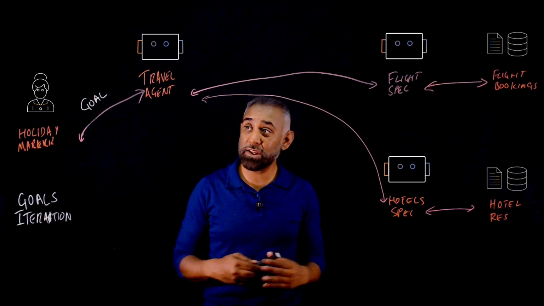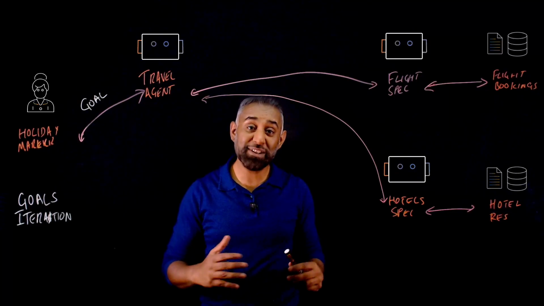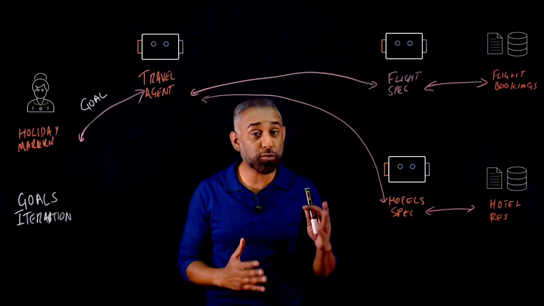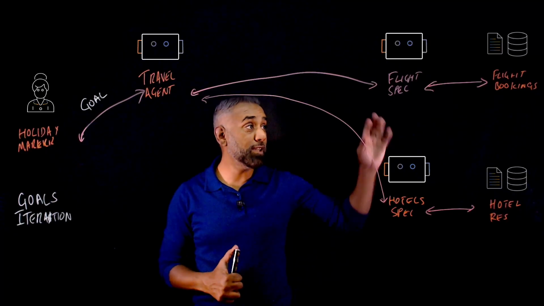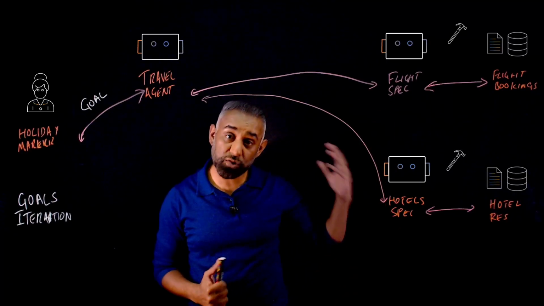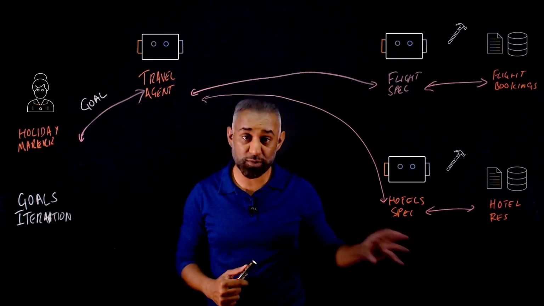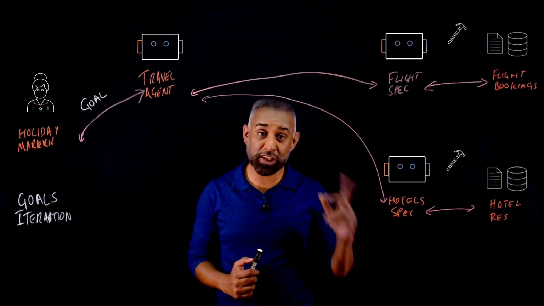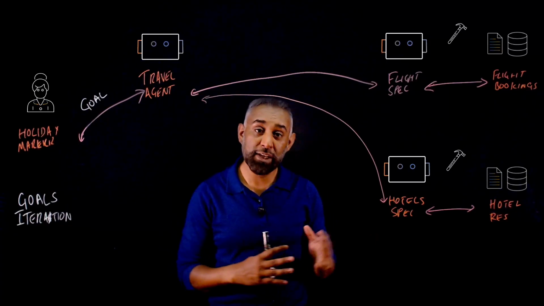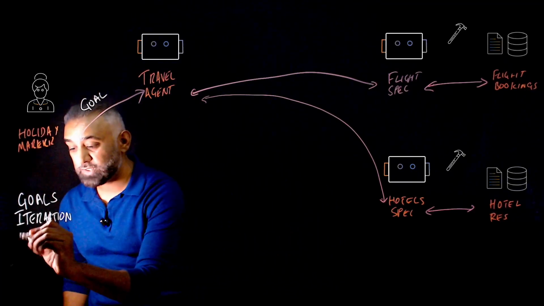And in reality, there could be hundreds of agents accessing hundreds and thousands of different external and internal systems to carry out the roles that they need to do. In this case, we could refer to them as tools. So these are tools available to our agents to get their jobs done. And there could be hundreds of thousands of tools. So tools is important. The agent needs to know what tools it has available to it to actually carry out the job at hand. So tools is key.